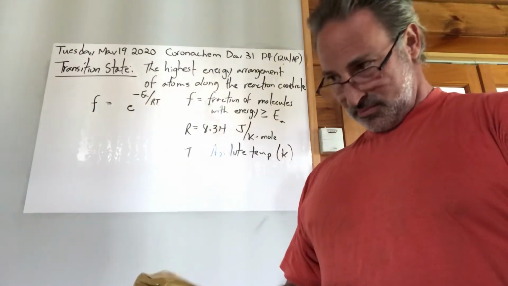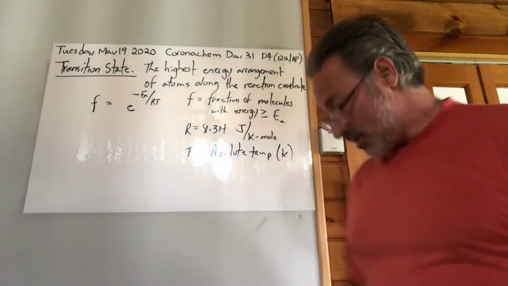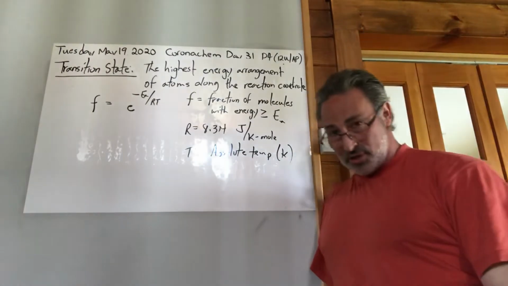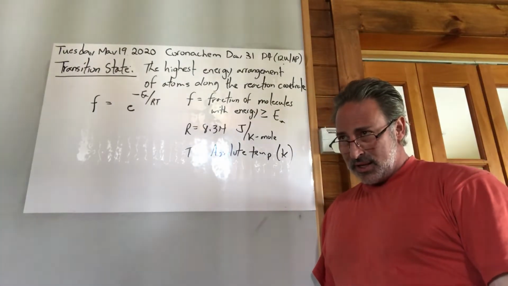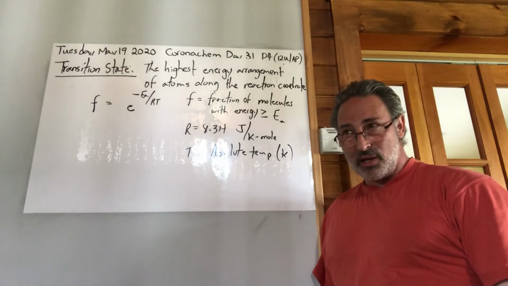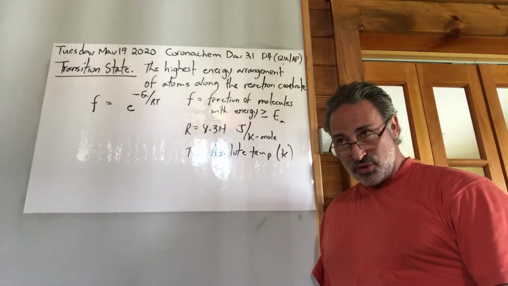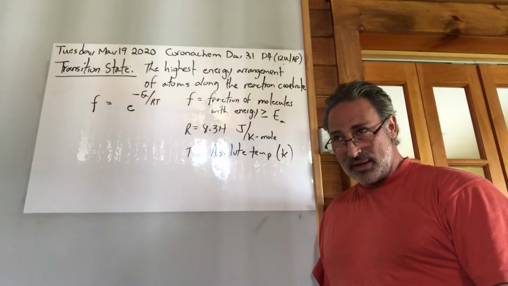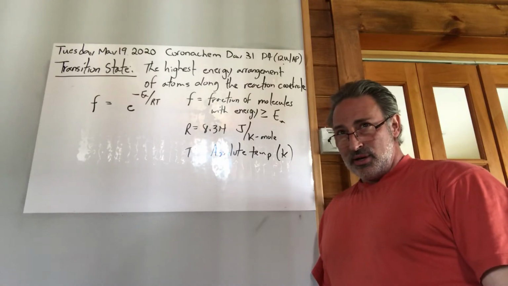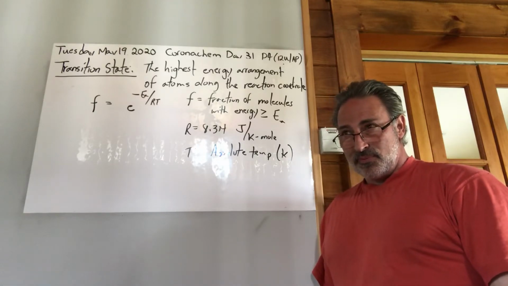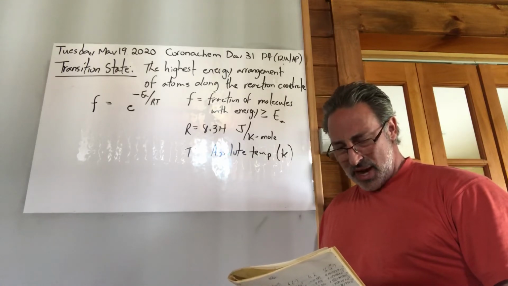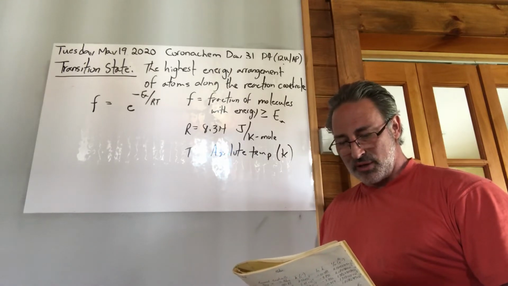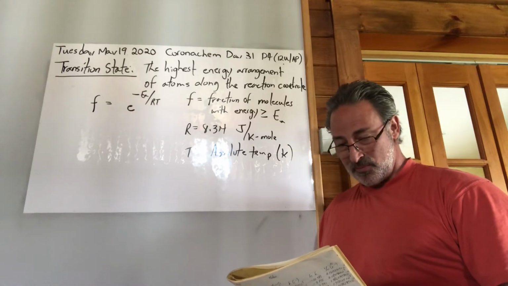Now, because reactions can speed up with an increase of temperature, a guy by the name of Svante Arrhenius came up with a formula which you could then use to plot a straight line using data that plots the ln of the rate constant for a reaction versus the reciprocal of the temperature.